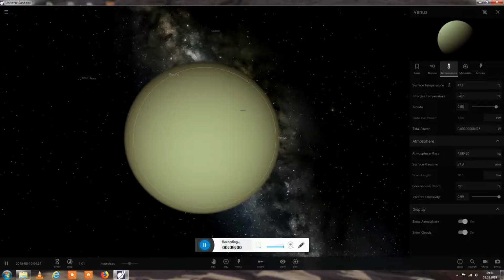However, about 50 to 80 kilometers above the surface, the atmospheric pressure and temperature are very similar to Earth's surface.